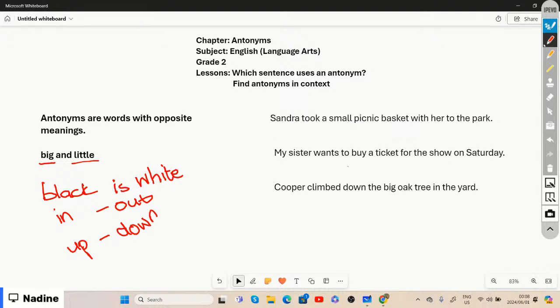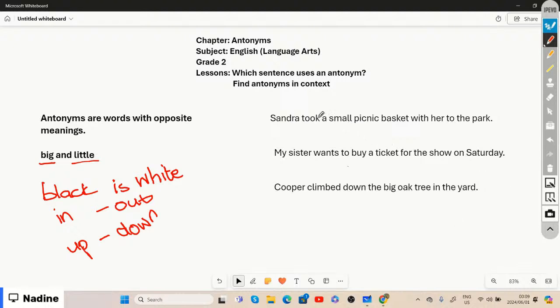So in and out, up and down, black and white, big and little. We're going to look at the sentences and identify the word. We're going to underline a specific word and then say what the antonym is of that specific word.